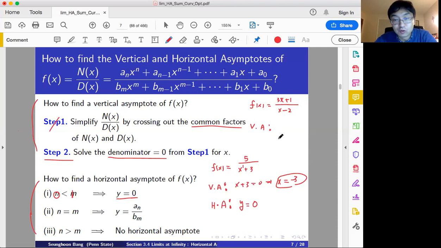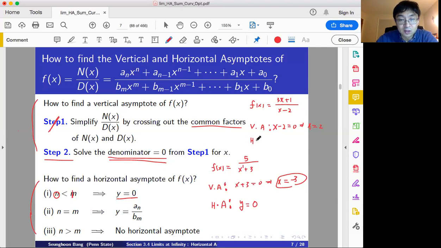Yeah, x equals 2. It's good. Because 3x plus 1 and x minus 2 have no common factor, you skip step 1 and go to step 2. Denominator equal to 0. Denominator x minus 2 equal to 0. x equals 2.